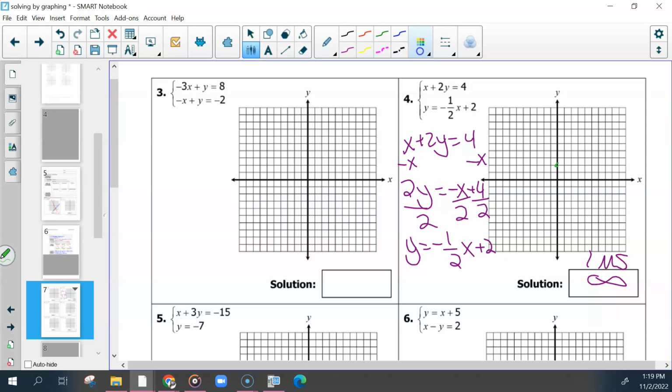So start at +2. Your slope is -1/2, so go up 1, left 2 as many times as possible.